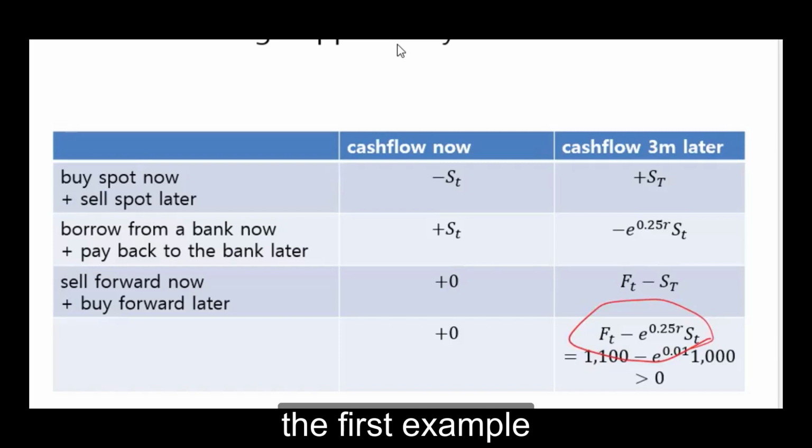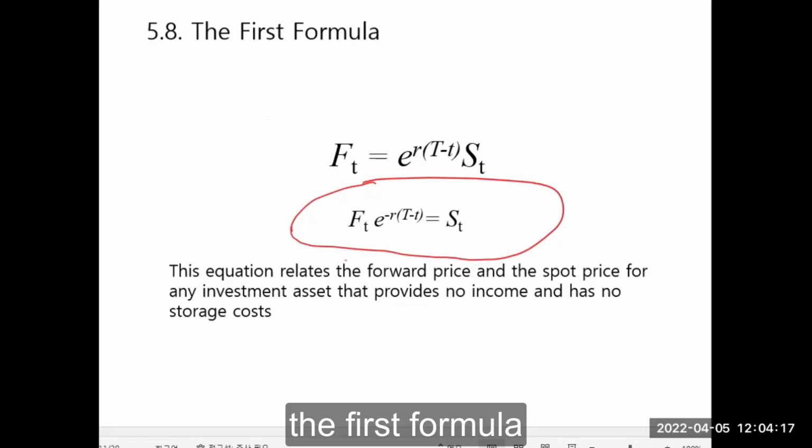Okay. So from this exercise, what we can say is that F small t, let me write this thing again, exponential of minus r times (capital T minus small t) times S small t should be exactly zero. That's what we can conclude from this analysis. So when you look at this equation, what are we supposed to think about?